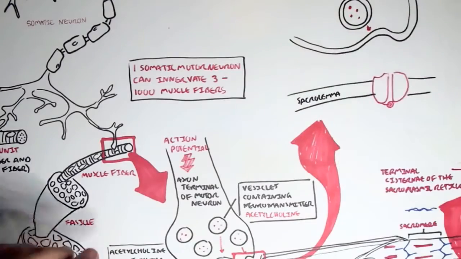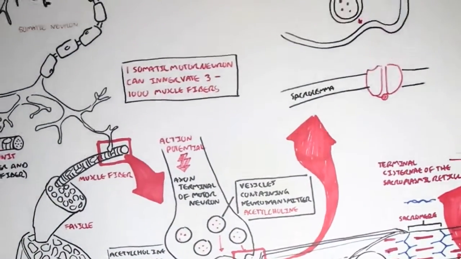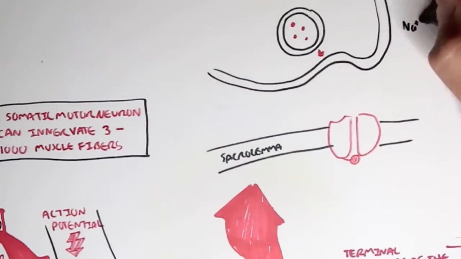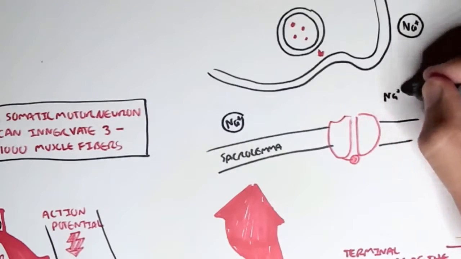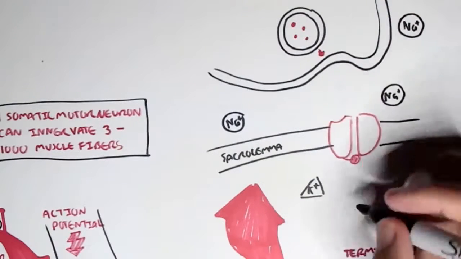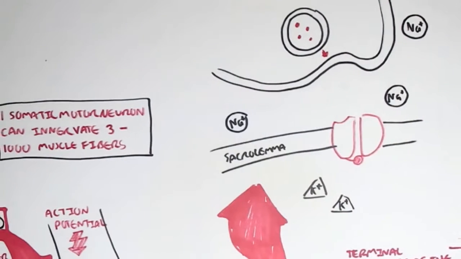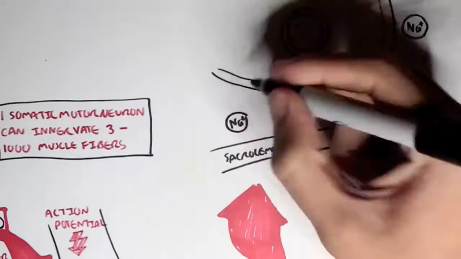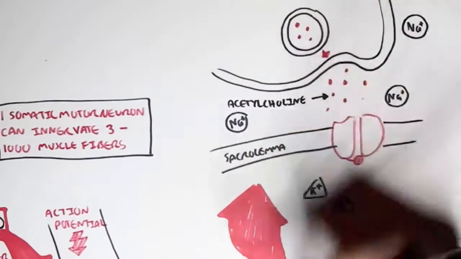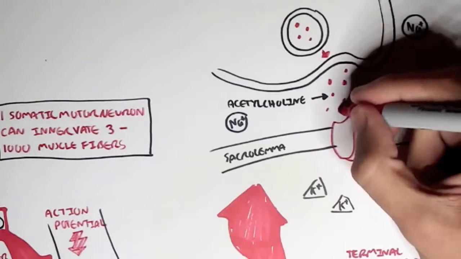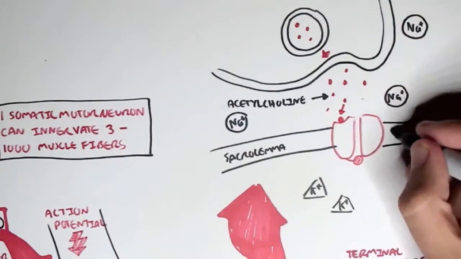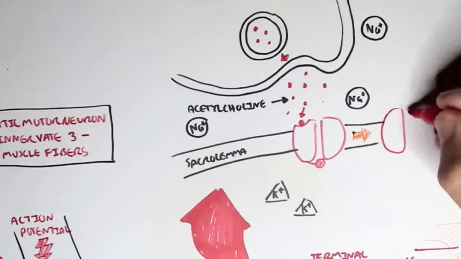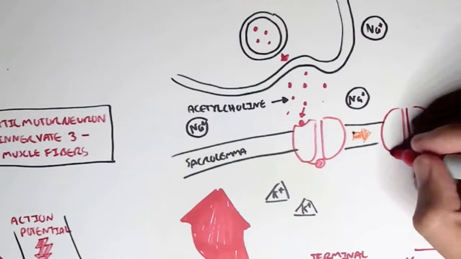And a point to make, which is pretty important, is outside in the extracellular fluid, we have high concentrations of sodium, and within the sarcolemma, inside the cell, we have high concentrations of potassium ions. So what happens is when the vesicle containing acetylcholine releases acetylcholine out, this acetylcholine will then bind onto this receptor, which will cause the receptor to open.